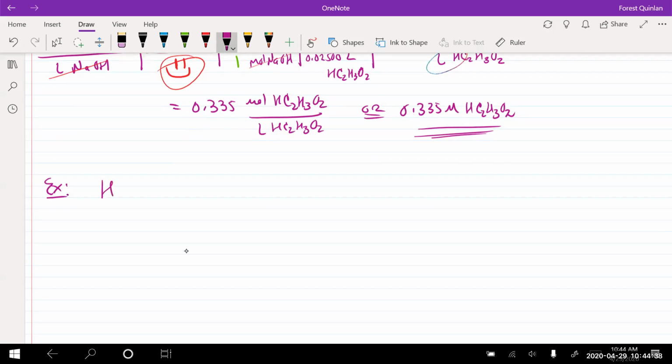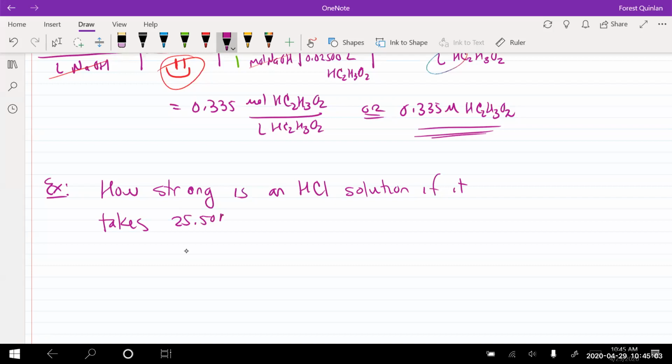How strong is an HCl solution if it takes 25.50 milliliters to neutralize 0.375 grams of sodium carbonate.